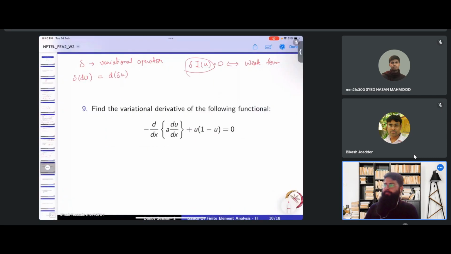So, can anyone answer how do we proceed here? It's not actually a functional. It's a differential equation. The question is actually framed wrongly. My apologies.